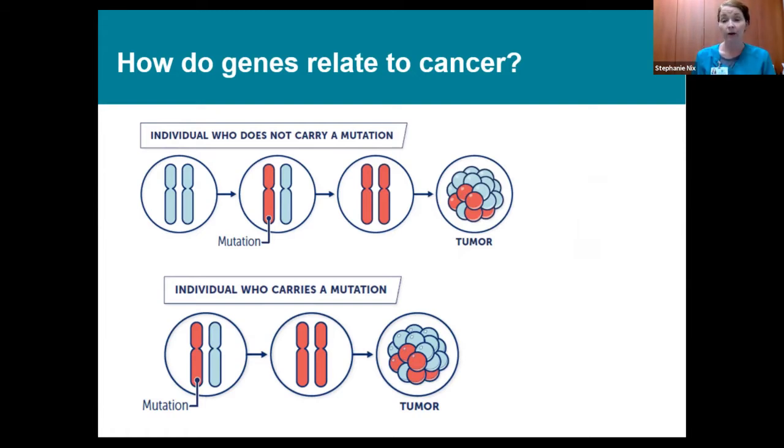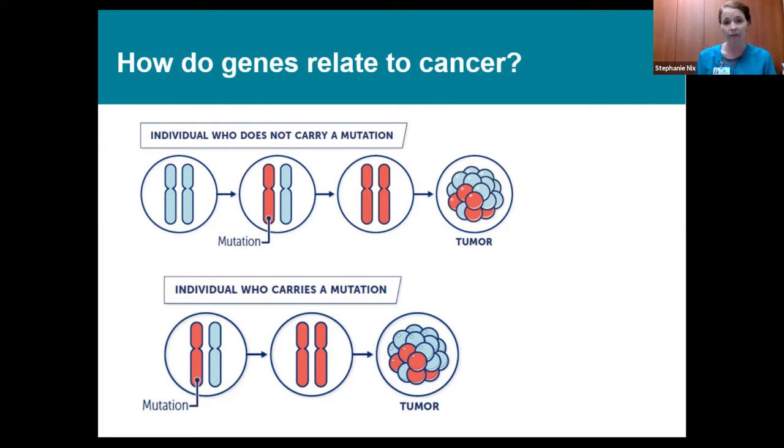Whenever some type of environmental factor or randomness results in a mutation in a single cell, you still have two copies of every chromosome and gene, but one has a mutation that means it's not working. The other copy is still working, so that may be enough to protect us from developing cancer. But as time goes on and other insults from the environment occur, we can end up with a second mutation, and that ultimately leads to a tumor growing.